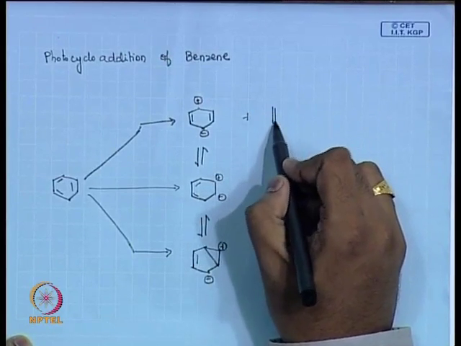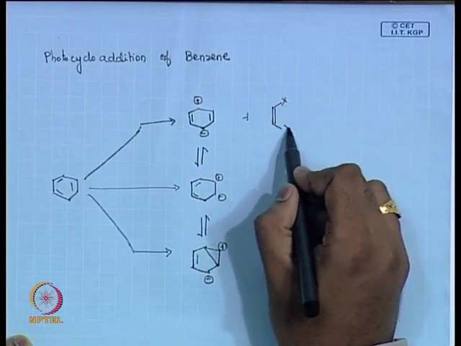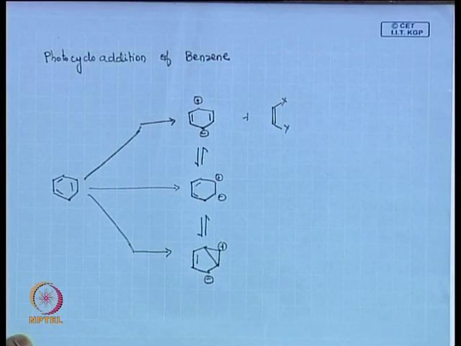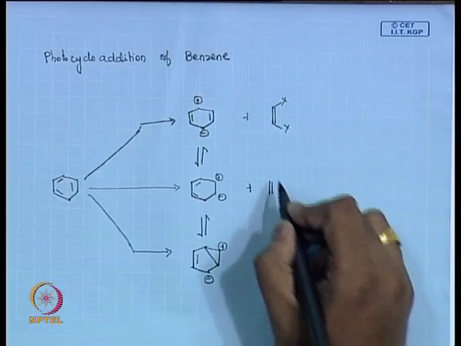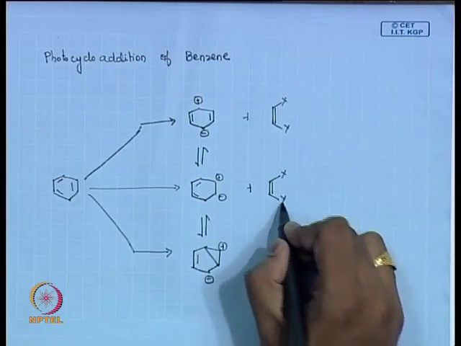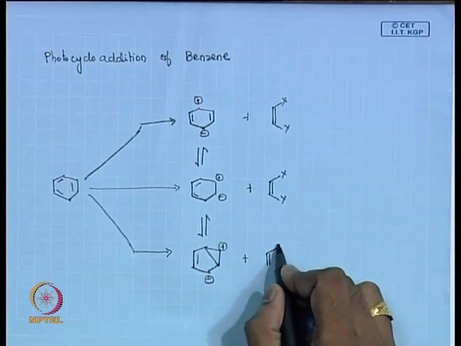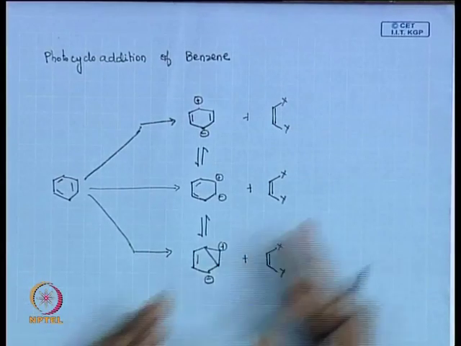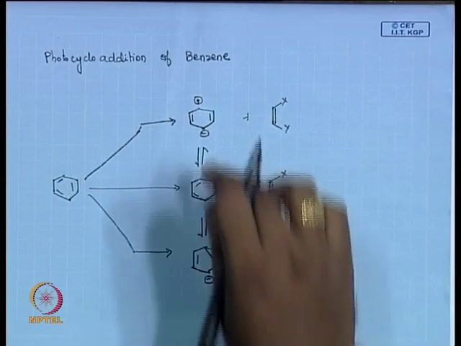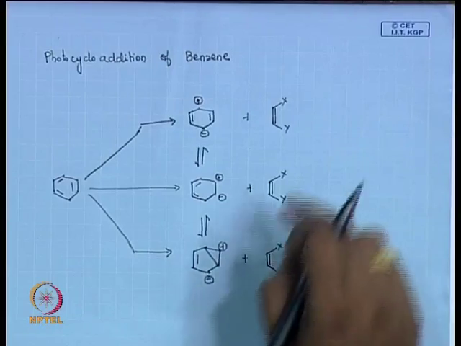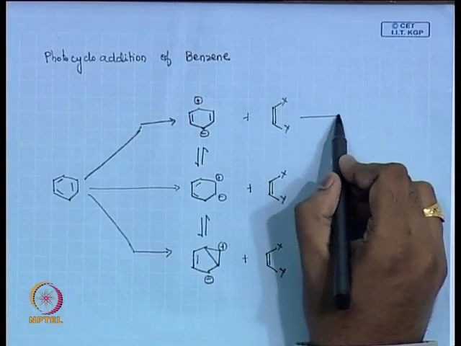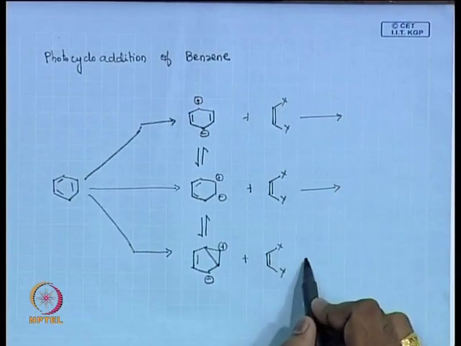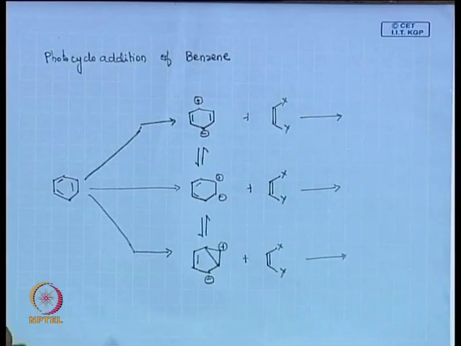For example, I am adding a diene to this. Same, I just take benzene, I add my diene. So, I know benzene exists in these three forms, and if I have in the system, not diene, alkene, then what do you get? What is this addition?